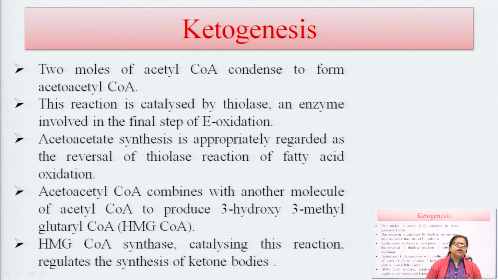Acetoacetyl coenzyme A, when combined with another molecule of acetyl coenzyme A, produces 3 hydroxy 3 methyl glutaryl coenzyme A, which is also known as HMG coenzyme A. This HMG coenzyme A is responsible for the formation of ketone bodies.